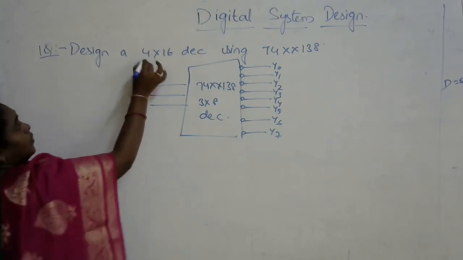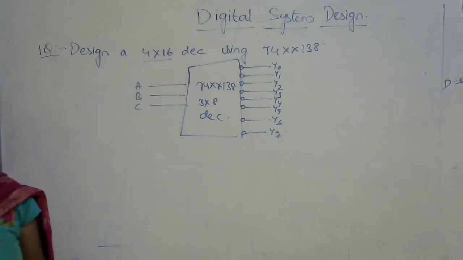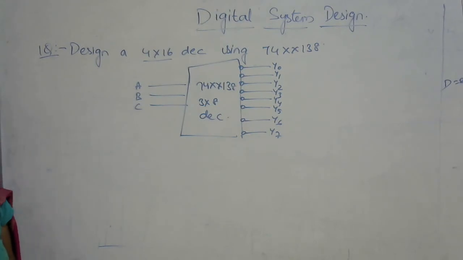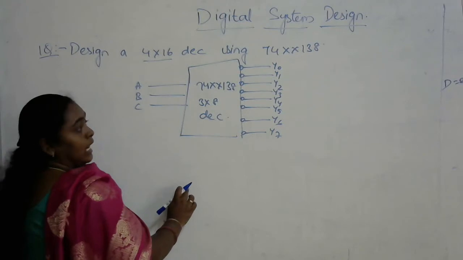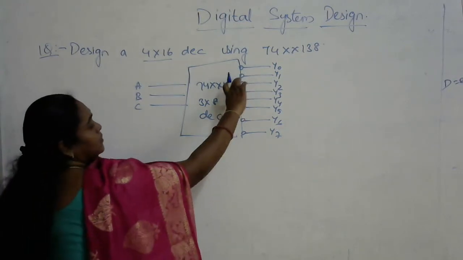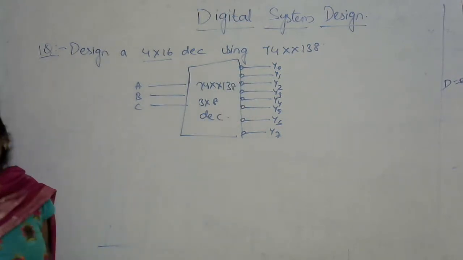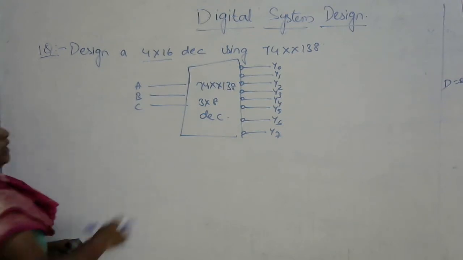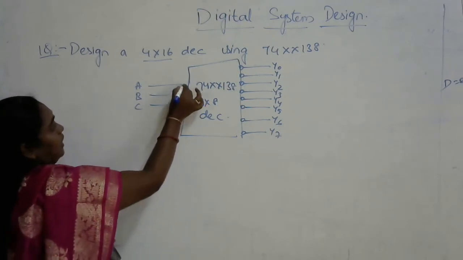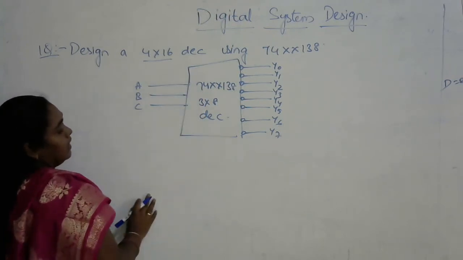Now, a 4 by 16 decoder should have 4 inputs followed by 16 outputs. So if we use two 3 by 8 decoders, I'll directly get 8 outputs of the first decoder and 8 outputs of the second decoder, so I'll get a total of 16 outputs for a 4 by 16. But along with these actual pins, we'll have 3 enable pins.